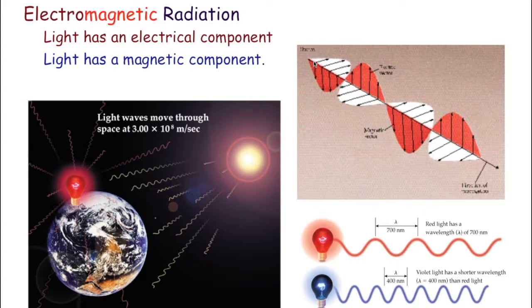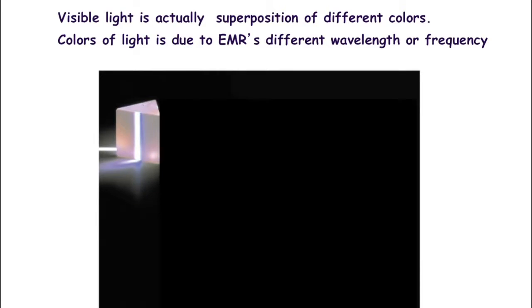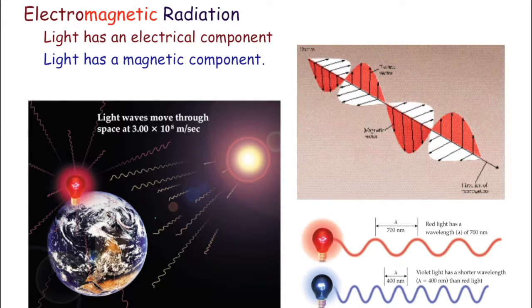If you look at this diagram right here, it illustrates two components, and those components are 90 degrees from each other. You see this wave right here, and you see this wave right here. Those are the electrical and magnetic portion of light. They're what we call orthogonal. Orthogonal just means that they're 90 degrees to each other.